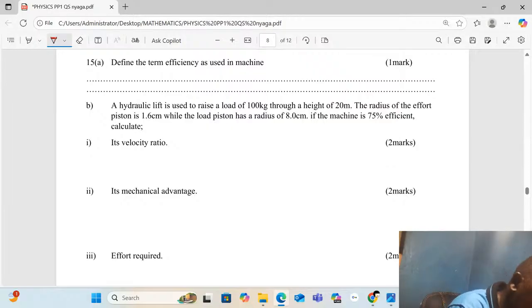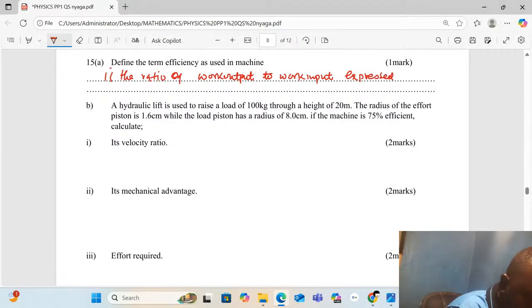Efficiency is the ratio of work output to work input, expressed in percentage.